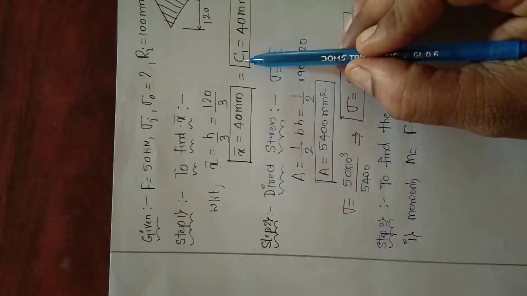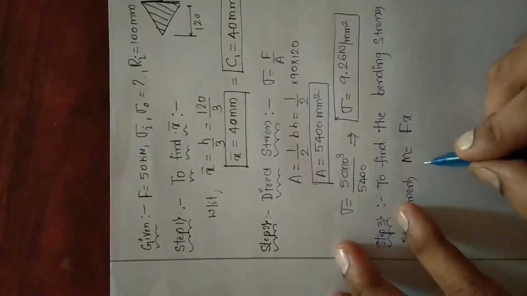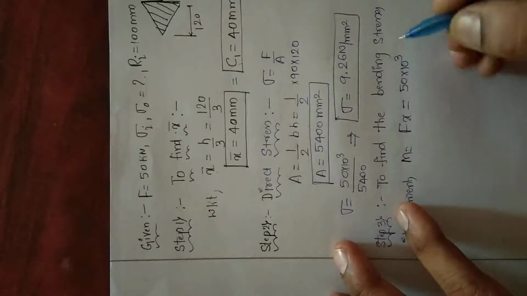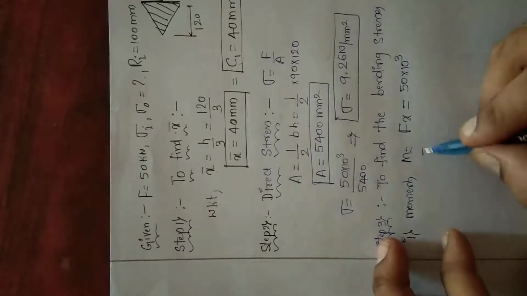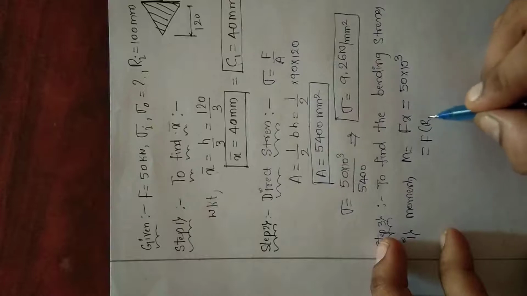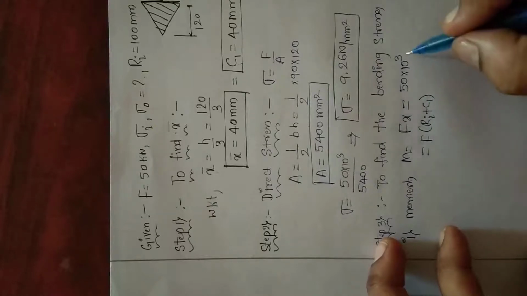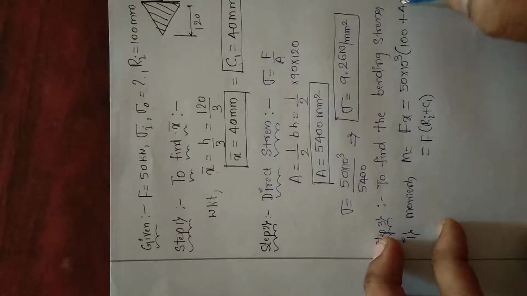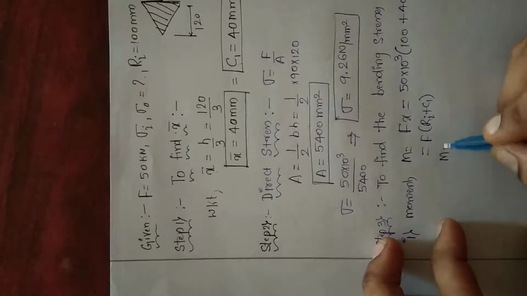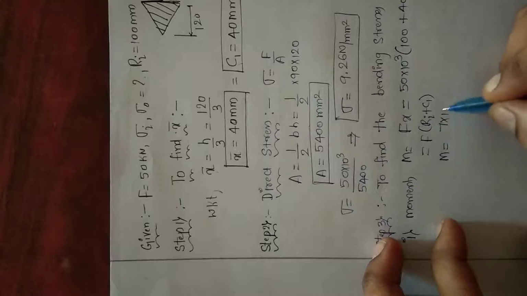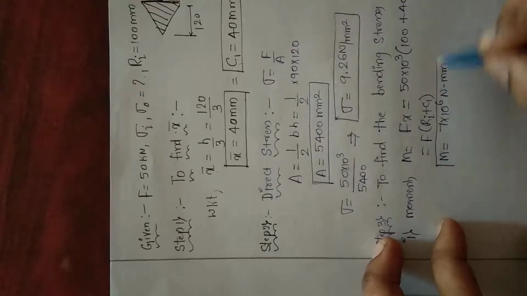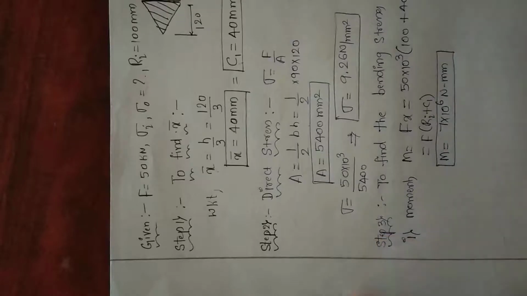So F into x is 50 kilonewton into Ri plus C1, which is 100 plus 40. So the moment M is equal to 7 into 10 raised to 6 Newton mm.